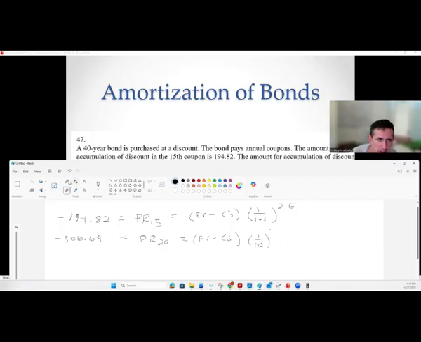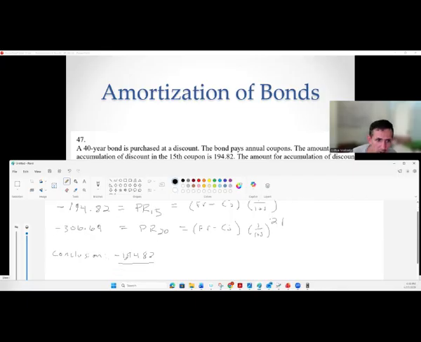So yeah, divide one equation by the other. And the conclusion is that 194.82 over minus 306.60.